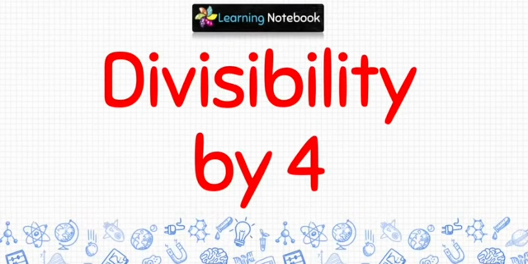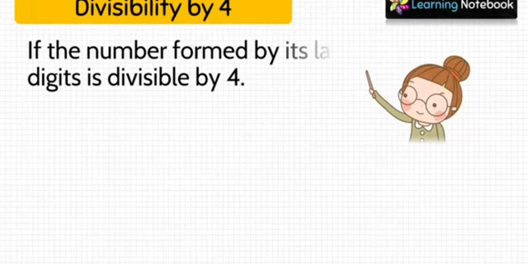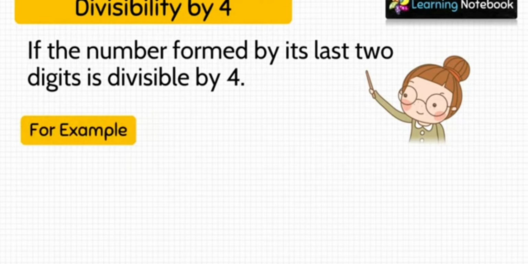Now, let's see divisibility by 4. To check if the number is divisible by 4, we will see if the number formed by its last two digits is divisible by 4 or not. Let's take an example. The number is 136.